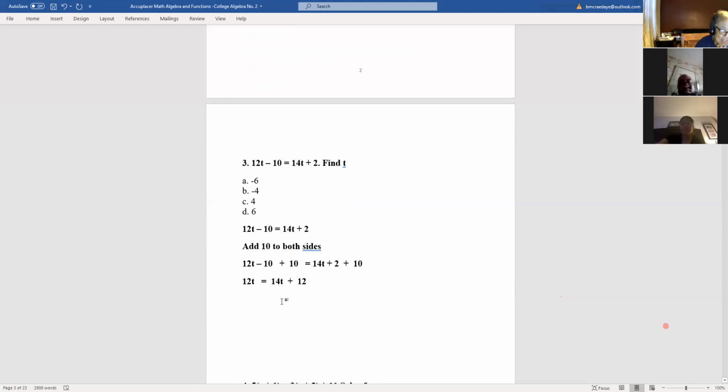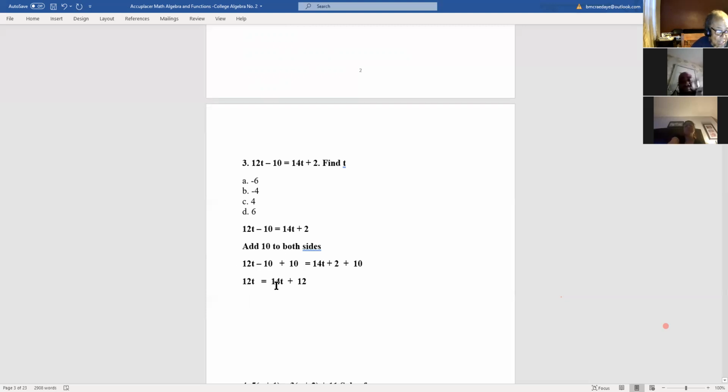Got to get your t's all together. So what do you do? Minus 12. Why are you going to do minus 12? Well, what will get your t's together?